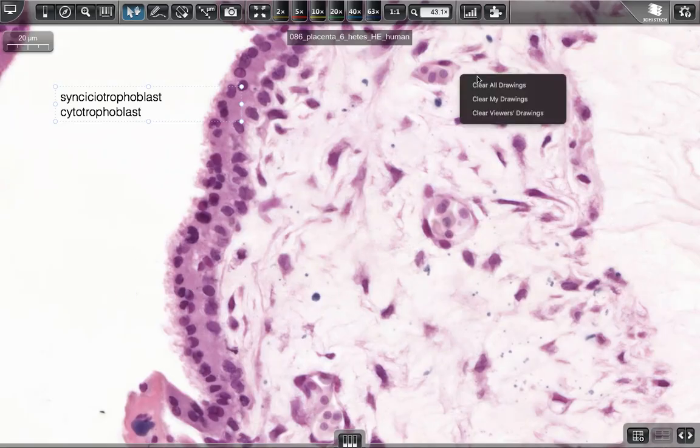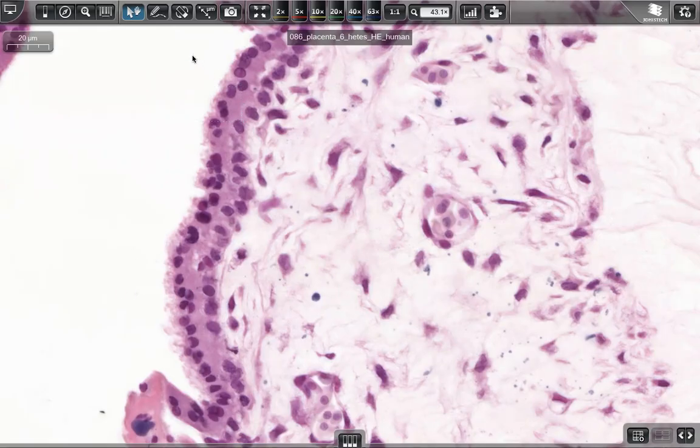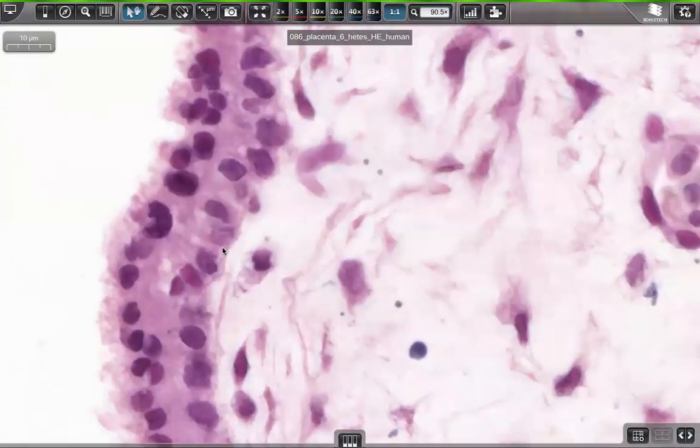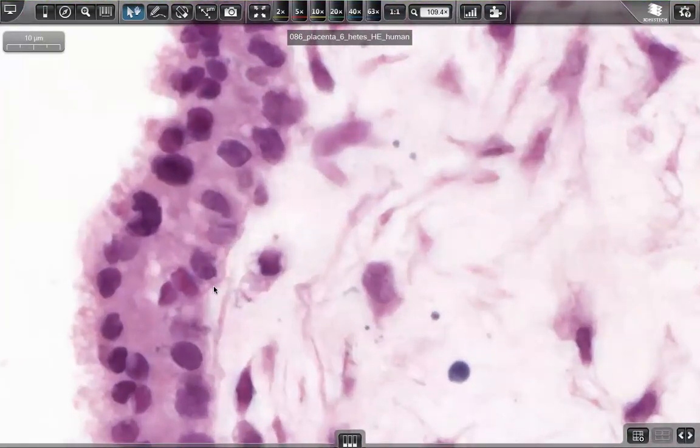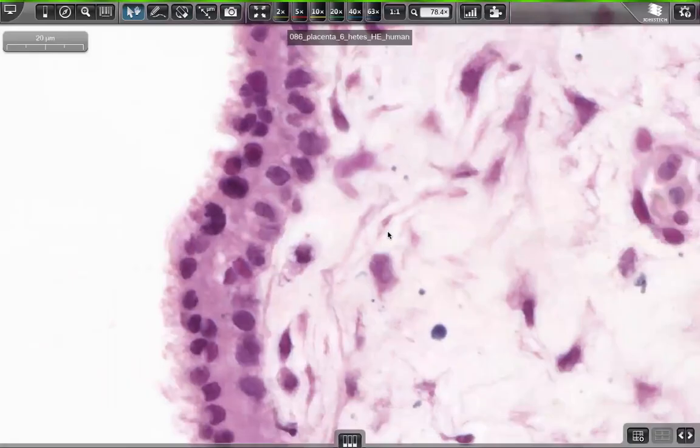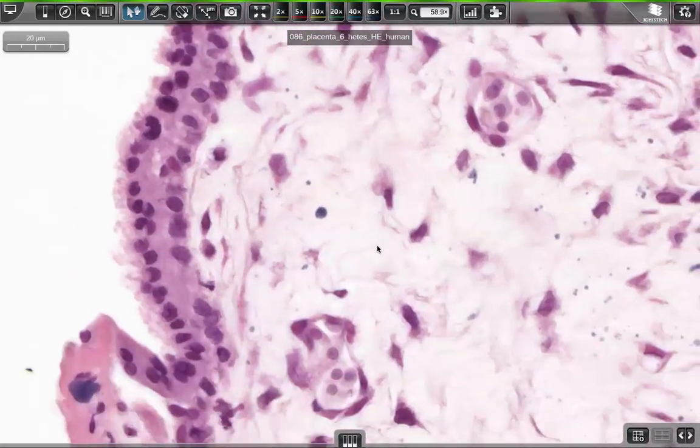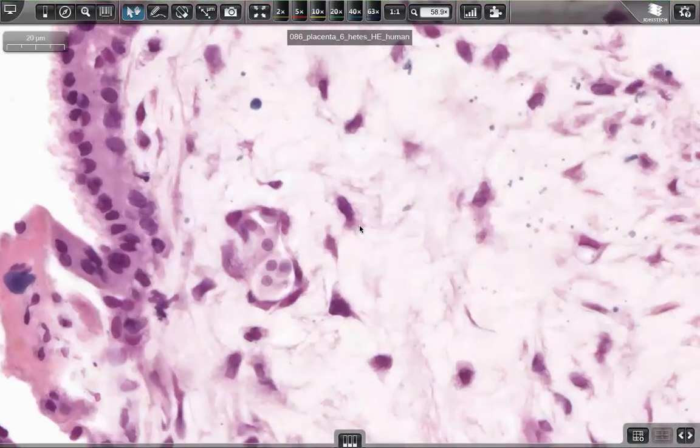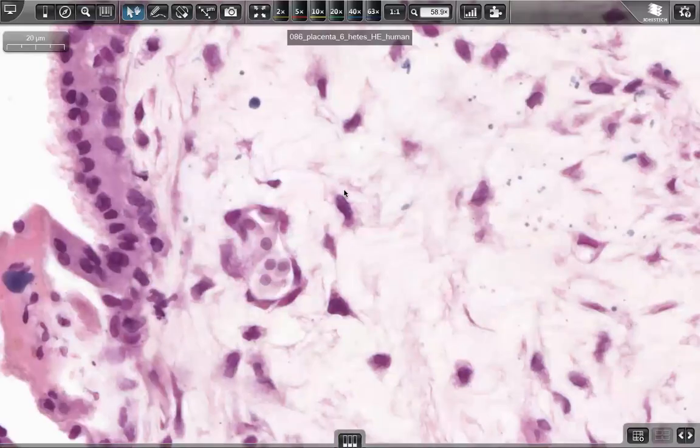Okay. So again, underneath the cytotrophoblast layer here, we can find the basement membrane, the lamina basalis, where the cytotrophoblast cells are resting. And underneath them, we can find the mesenchymal cells.